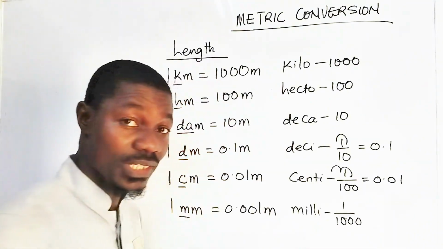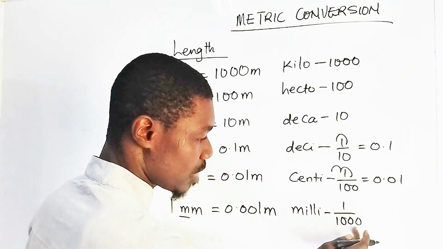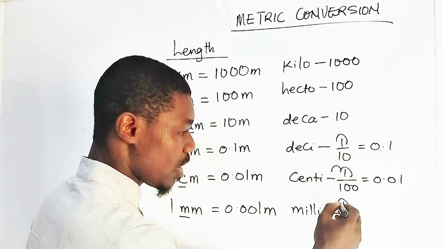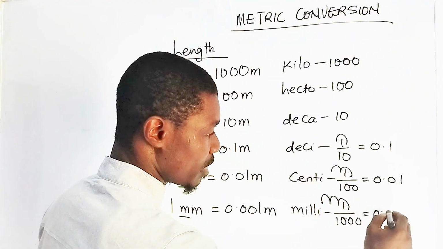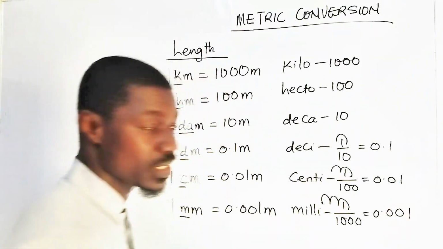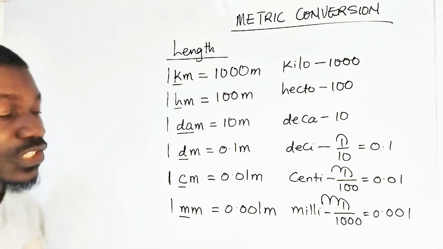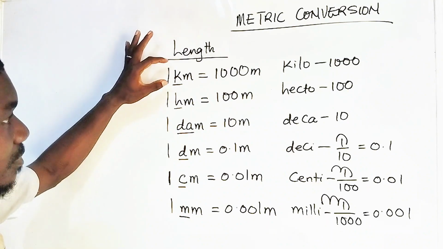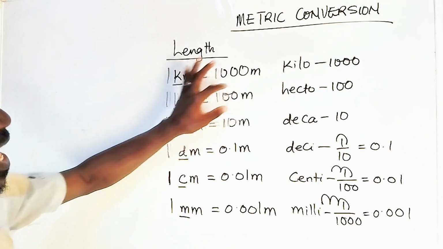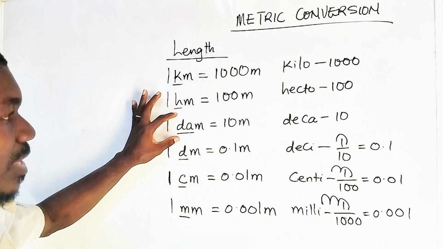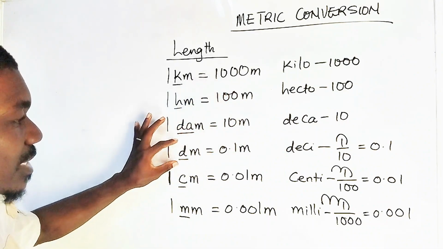Converting it to decimal, since you have 3 zeros, you have 1, 2 and 3. So here you have 0.001.